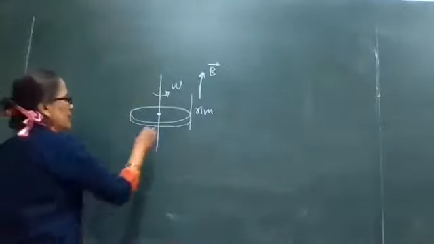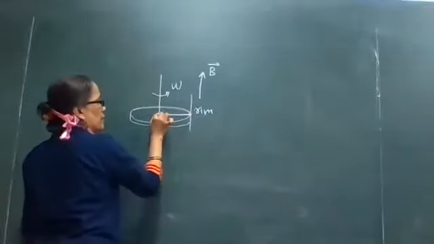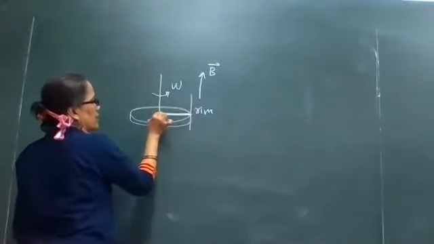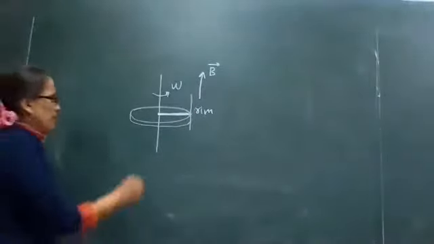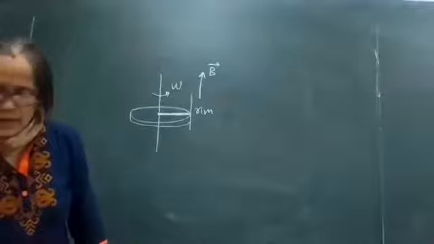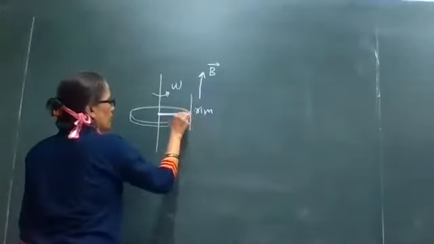So what I'll say is that from the center up till the rim, I can consider one distance. From that distance, I can select a small element dr here.